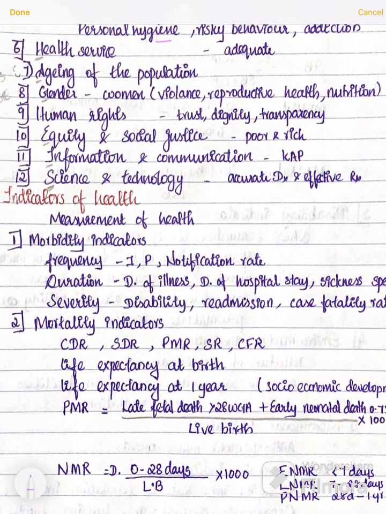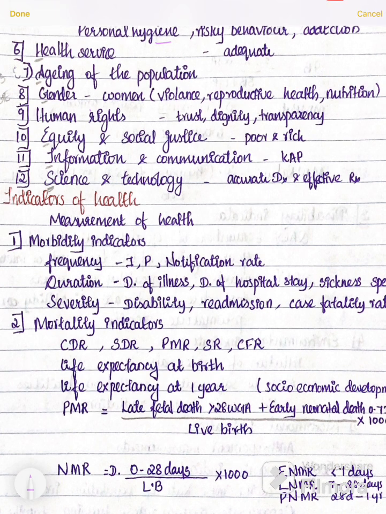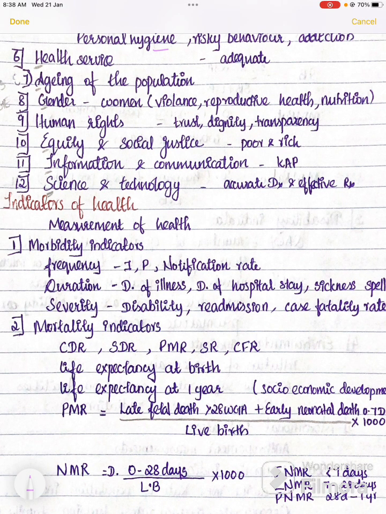Information and communication: when we give more knowledge, that changes the attitude of the person, eventually the behavior of the person will change, and that will improve health. And science and technology: advanced technologies, diagnostic techniques and medications will contribute to a better change toward health.